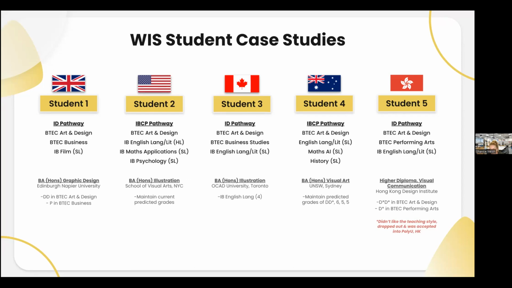Obviously, all students are different, but they didn't like the way it was taught. So they decided to drop out of that university, and then they were accepted into PolyU in Hong Kong. Again, another good design university. So that's where they study now.